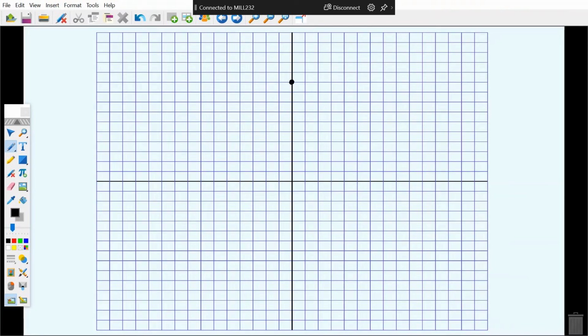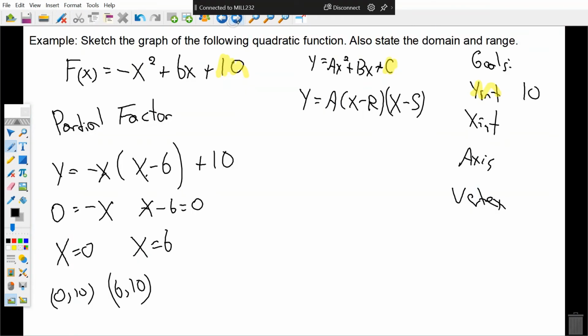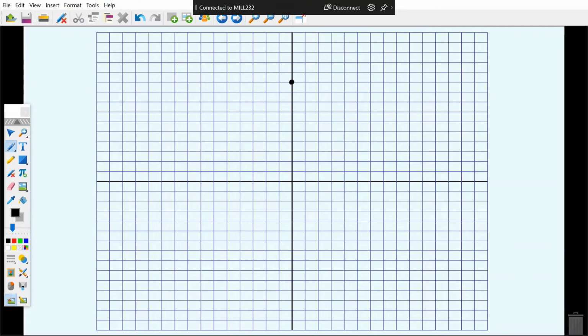We have a y-intercept of 10, and we have our other point at 6 and 10. 1, 2, 3, 4, 5, 6. Okay? We can see that these 2 points are an equal distance apart.